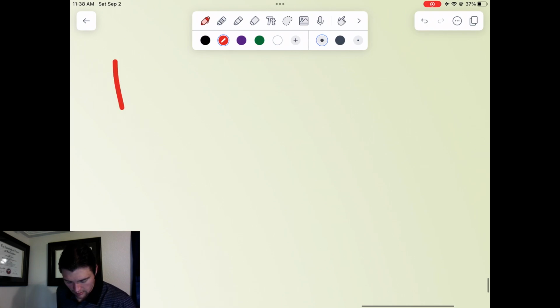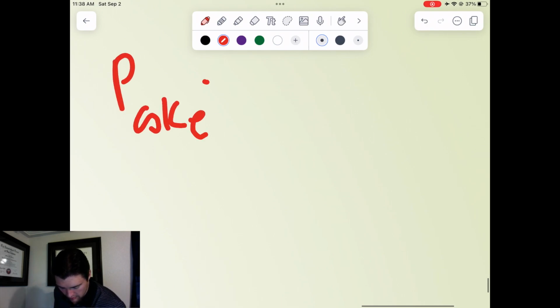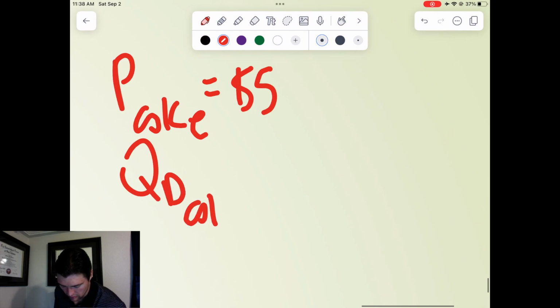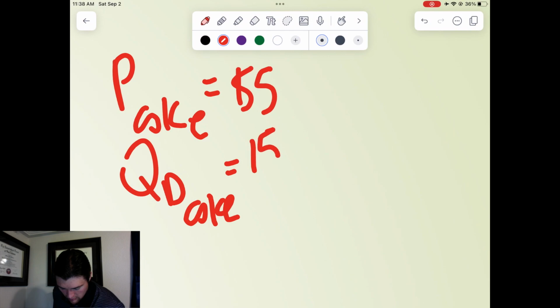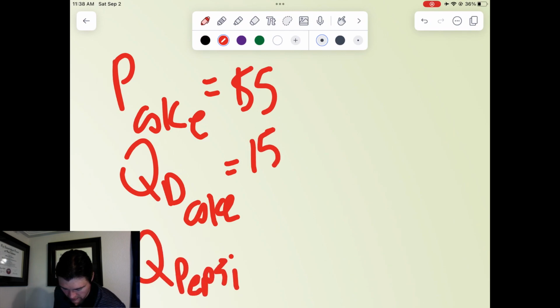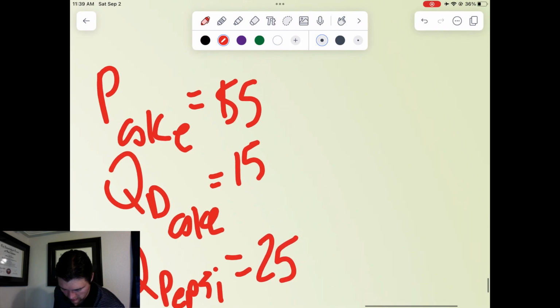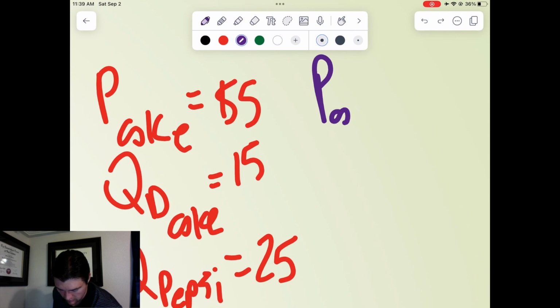If the price of Coke is $5, and your quantity demanded of Coke is 15, and then your quantity of Pepsi is 25, and then all of a sudden the price of Coke goes up to 7.